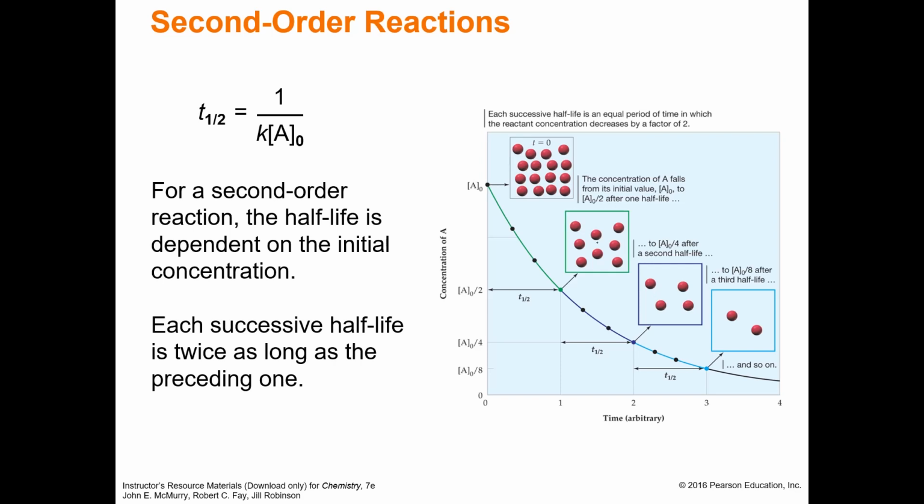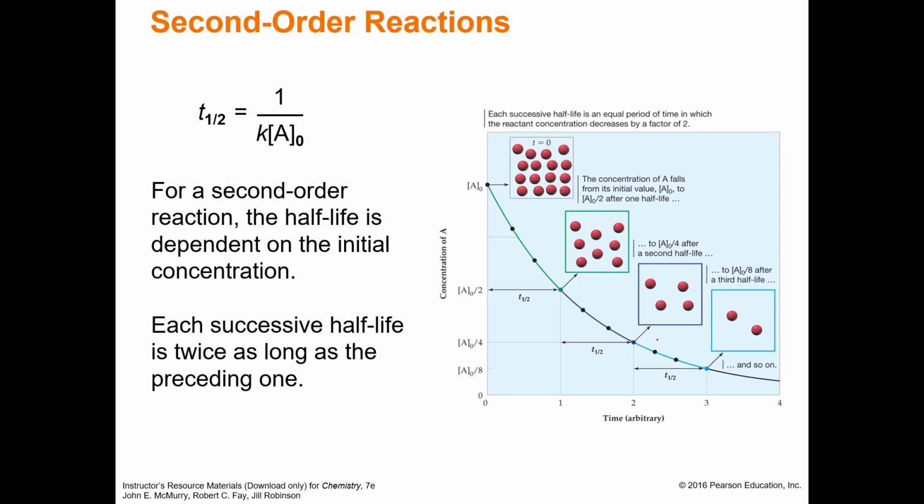Each succeeding half-life is twice as long as the one before it. So it makes it a little less straightforward than dealing with a first order reaction because they're not the same amount of time. We will deal with the half-life of a second order reaction sometimes, but not very often. For half-lives, we will mostly only have to worry about first order reactions.